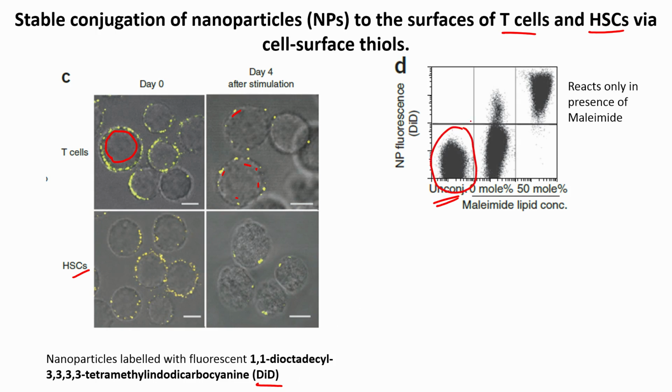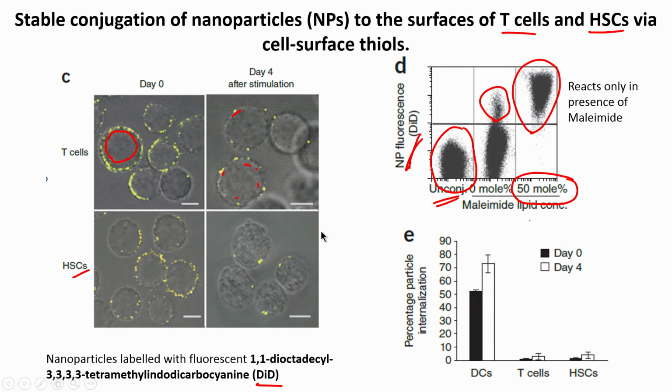If they make the particles with no maleimide, they get some adsorption of these particles on the surfaces, but not much. But if they put maleimide at a certain concentration on the surface of these particles, you see almost all of your cells are now fluorescing for these particles. That means all of them had got conjugated with these particles.